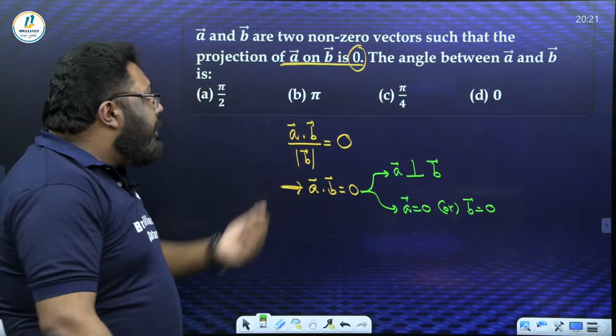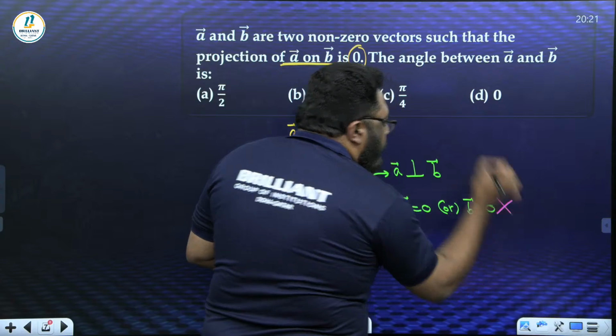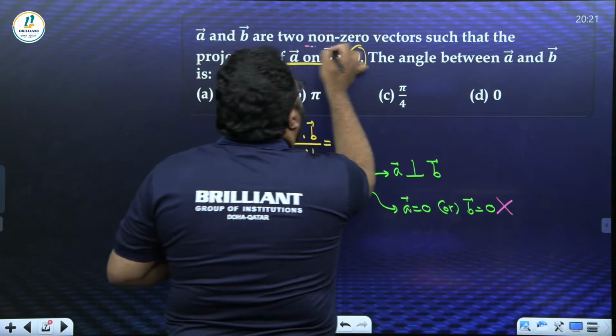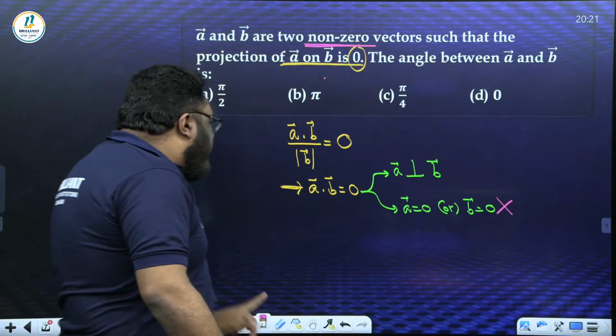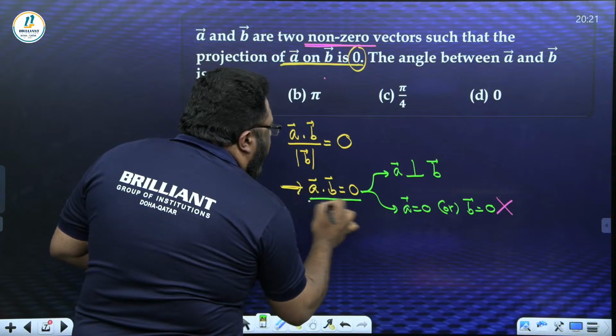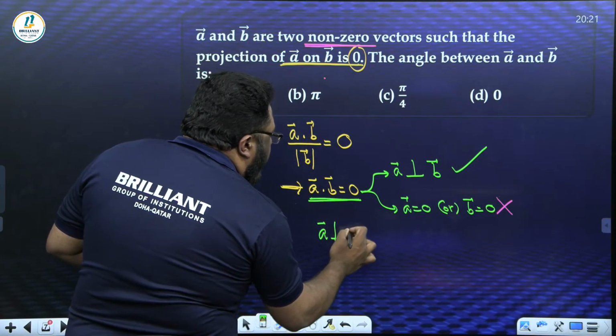So why would I reject this case? I will reject it in this question because they clearly said non-zero vectors. So what is the only thing we can conclude when A dot B equals 0 in this case? A is perpendicular to B.